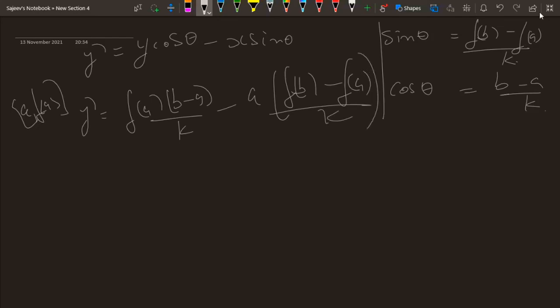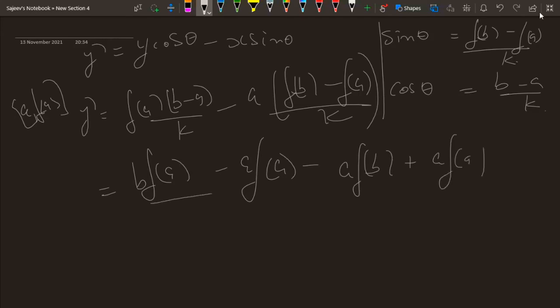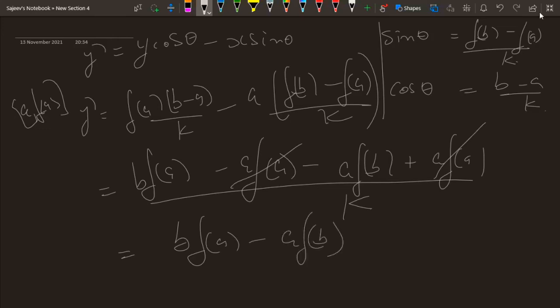And what is this? Let me just simplify this. So let's open the brackets. F(a) into b minus a f(a) minus a f(b) plus a f(a), the whole divided by k. We can see that a f(a) cancels, and we are left with b f(a) minus a f(b) by k.